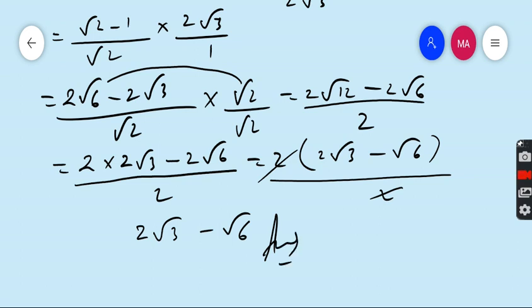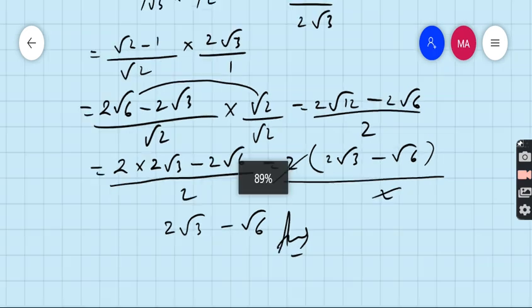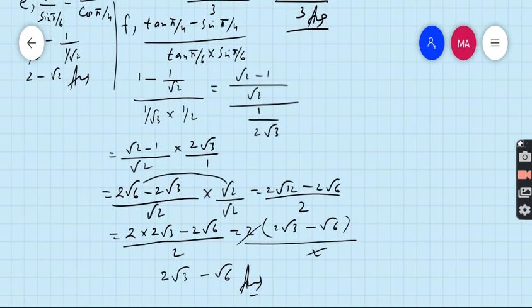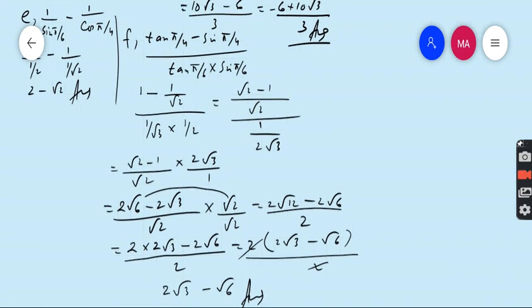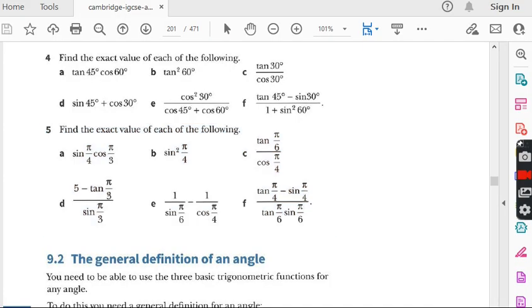This is the answer of part F, the last part of question number 5. And this is the whole exercise. Today we have successfully finished the whole exercise 9.1, each and every question, each and every part. What next?